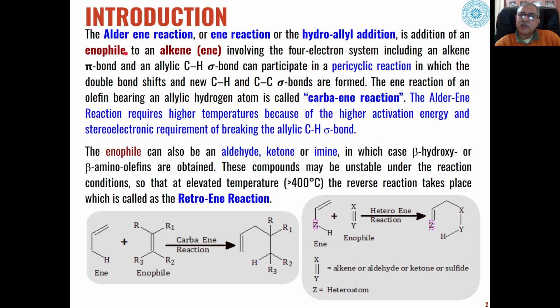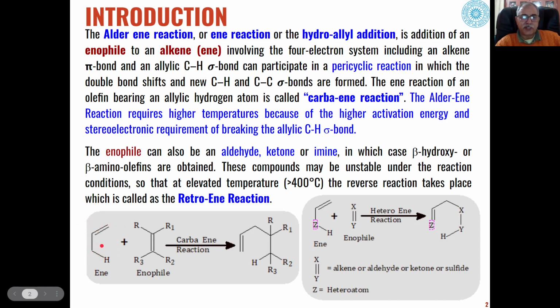This is basically an addition of an enophile to an alkene, called the ene, where we involve a 4 electron system, including the pi bond of the alkene and an allylic CH sigma bond, and the pi bond of this group, which is acting as an enophile.